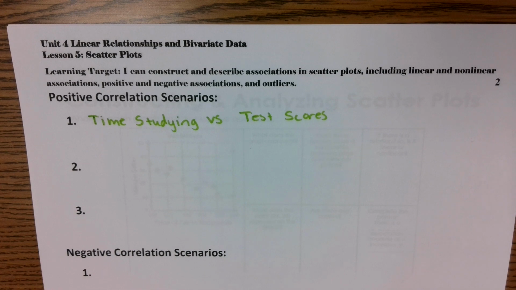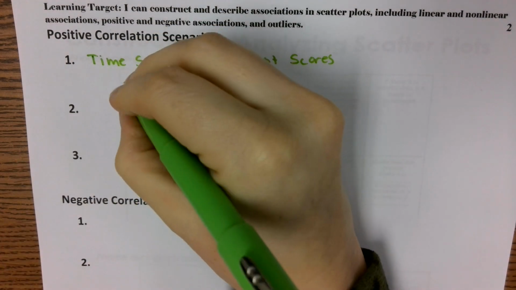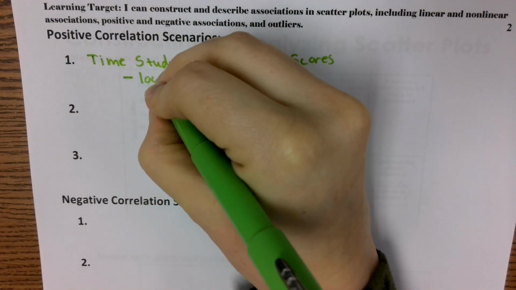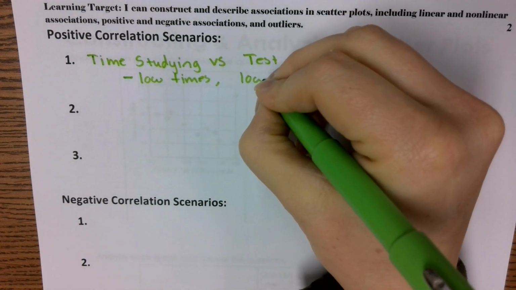The amount of time that you spend studying for a test does have a positive effect on the score, or the percentage, that you receive on your test. Meaning, if you spend low time, you might get a low score.